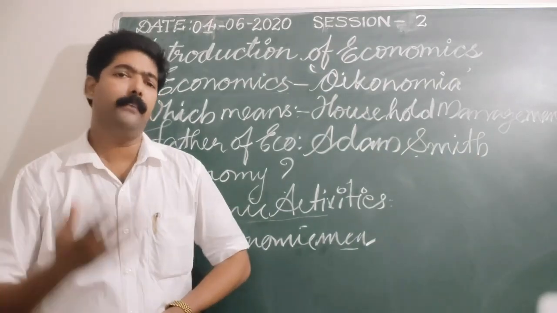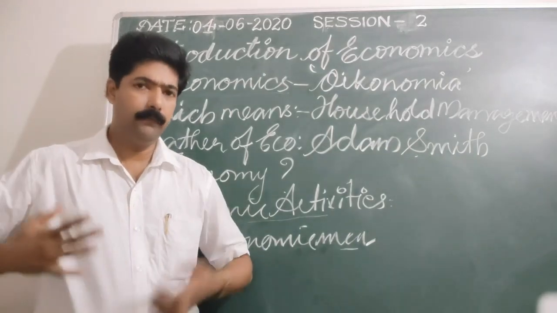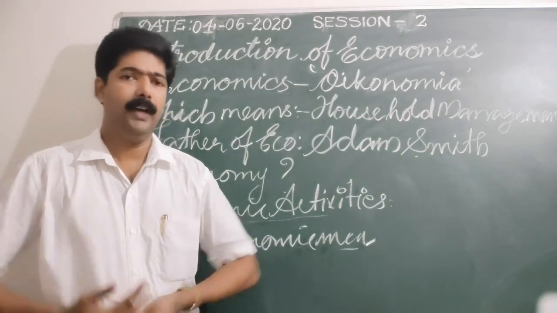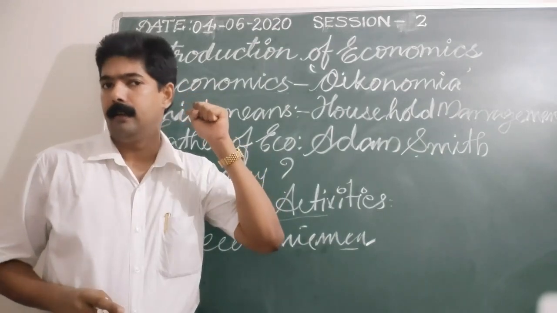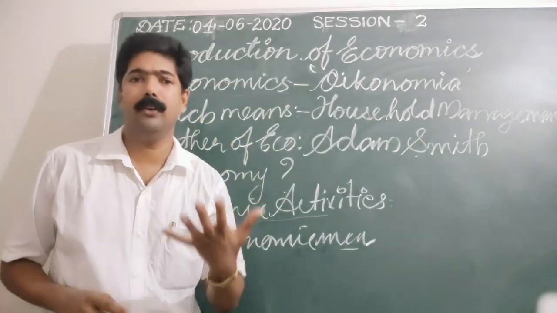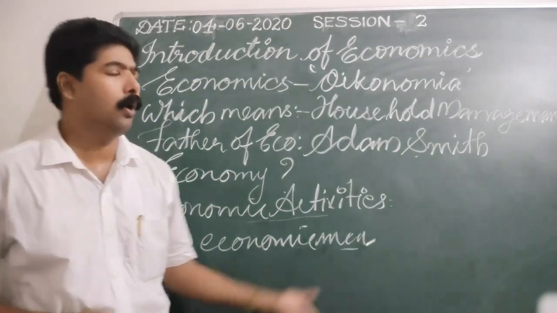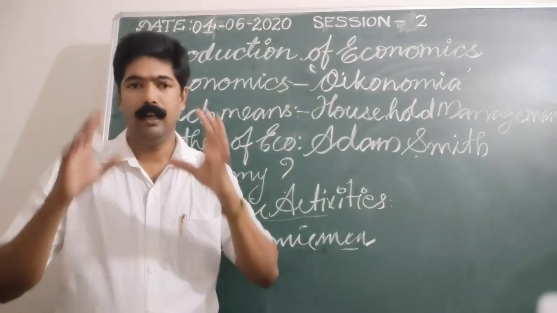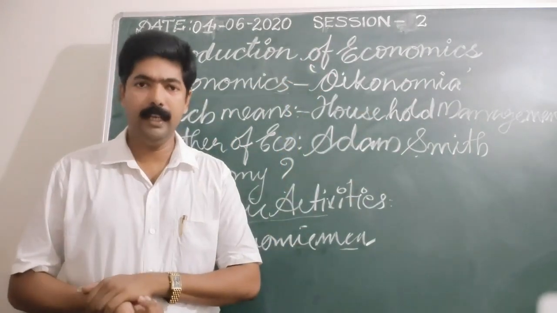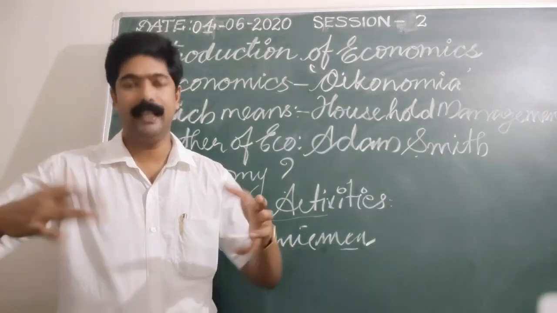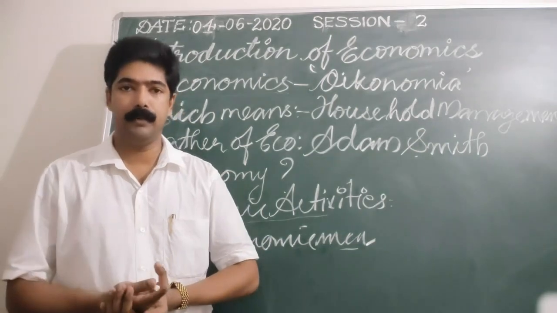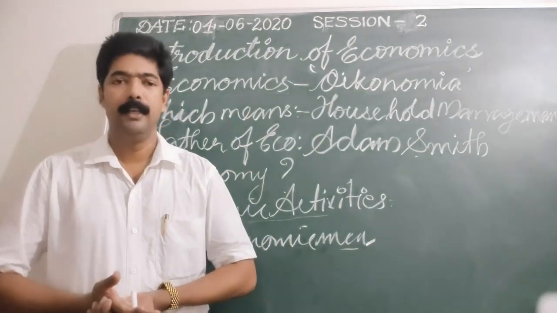If you have an idea about production, you can easily grasp the idea. So first of all, we will discuss all those economic terms. That means we will start with chapter 2. If you get the time, you can simply read the chapter and be prepared for the next class.